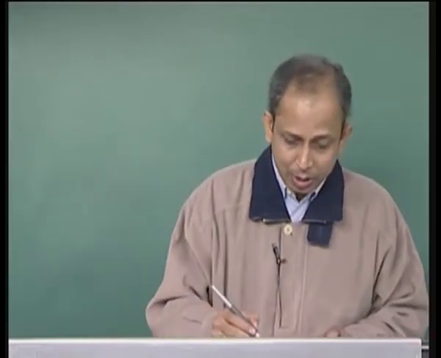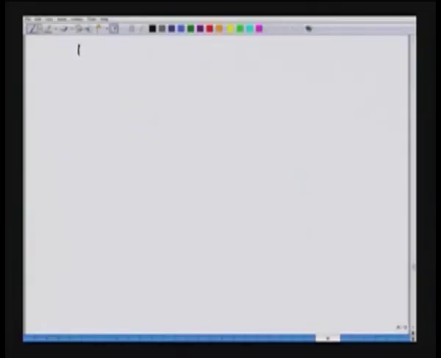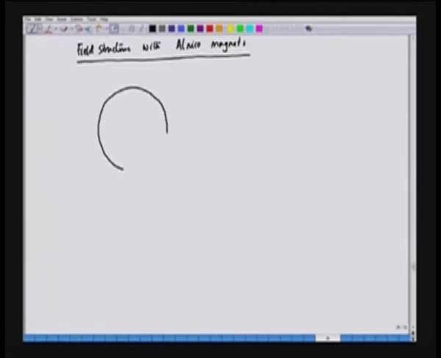So, we have a structure like this. Field structure with Alnico magnets. This is the stator structure.